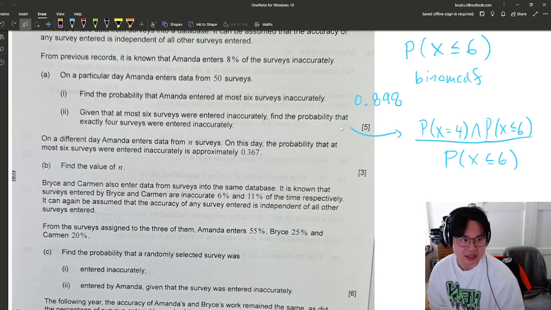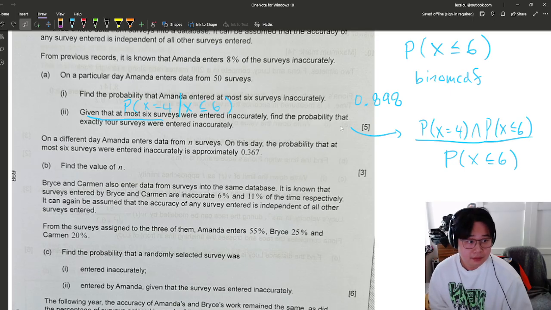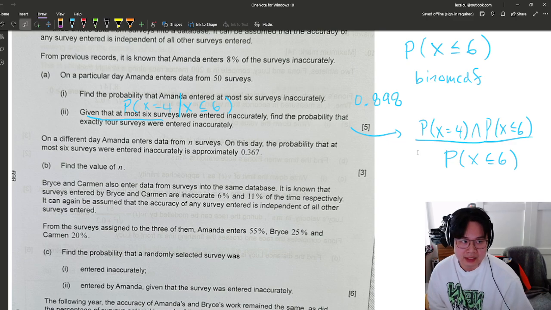Okay, so this is just a conditional formula, right? We have P of X equals 4 given that X is less than or equal to 6. We know the denominator, that was part A. And part B, this numerator is kind of a silly statement, because this event is inside of this one.